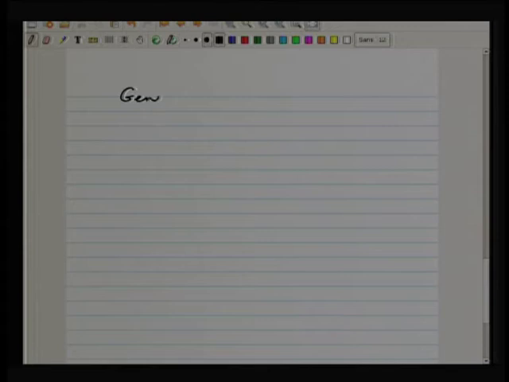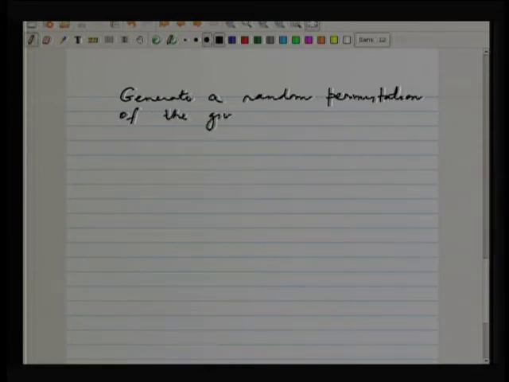Generate a random permutation of a given set S of objects, call it sigma. Okay.